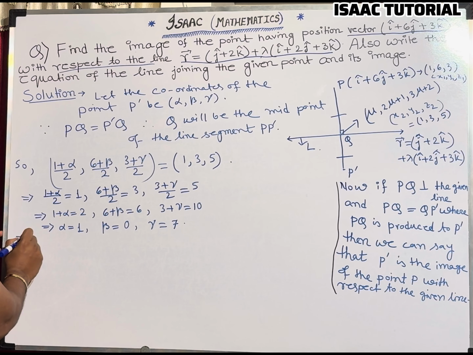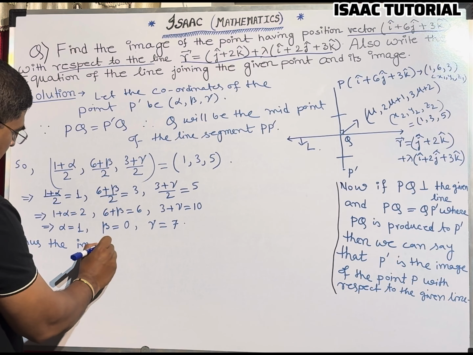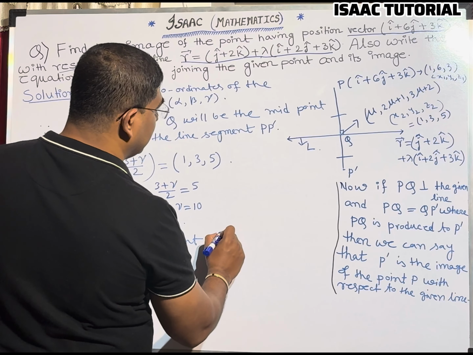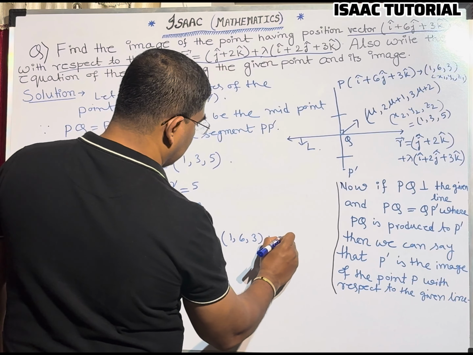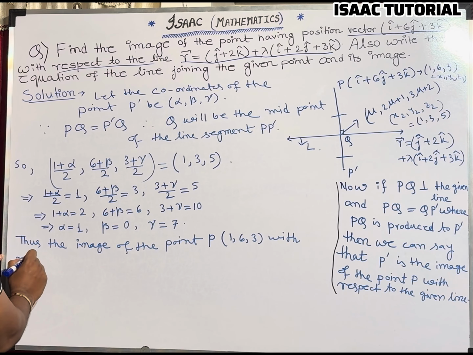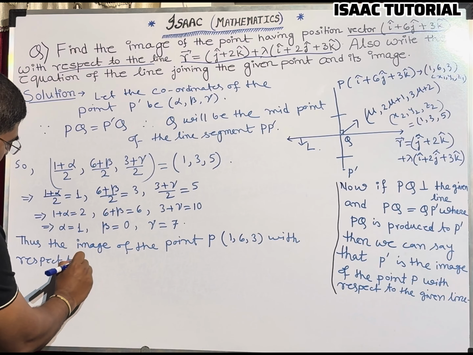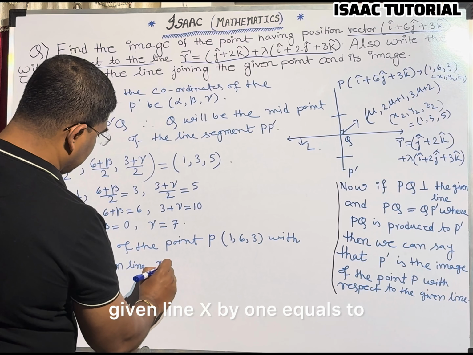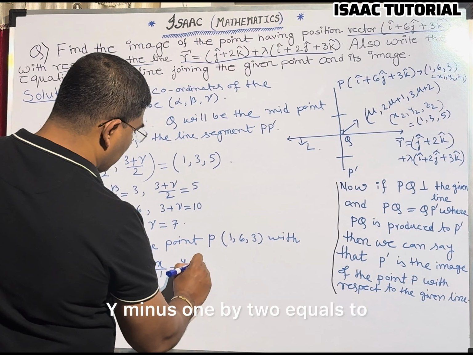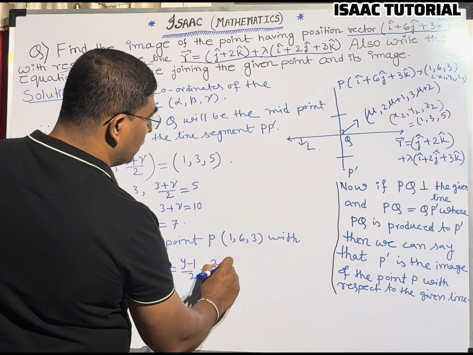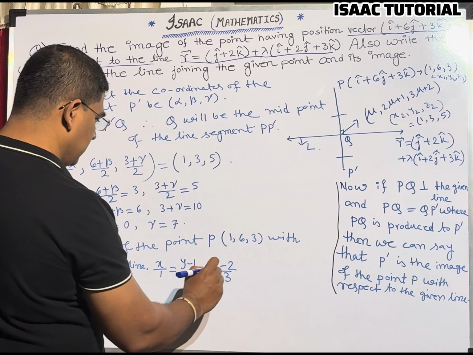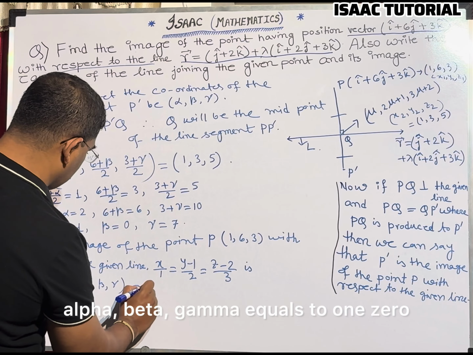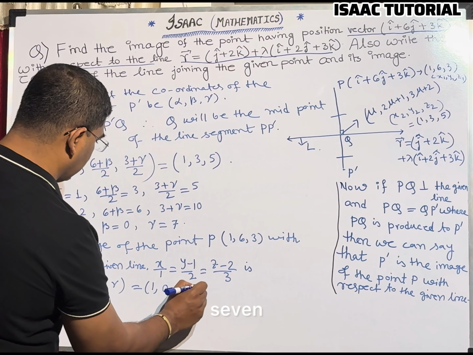Thus, the image of the point P(1, 6, 3) with respect to the given line x by 1 equals y minus 1 by 2 equals z minus 2 by 3 is alpha, beta, gamma equals 1, 0, 7.